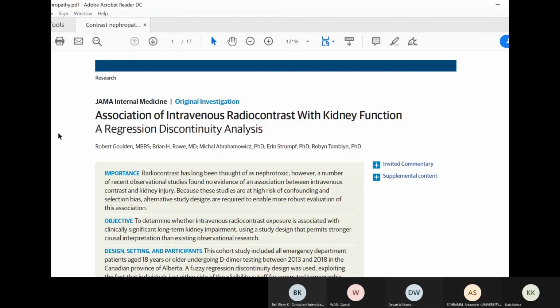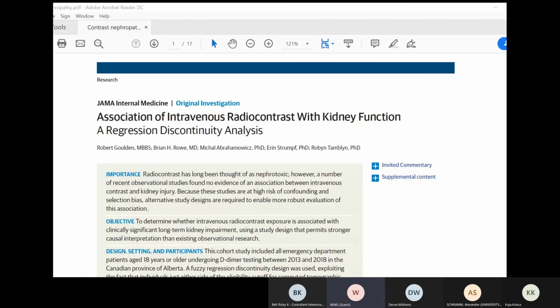Most patients with diabetes or old age will have chronic kidney disease, which was not mentioned here, and they did not study the effect of the contrast on patients with a baseline low eGFR. Yeah, that's all from my side.